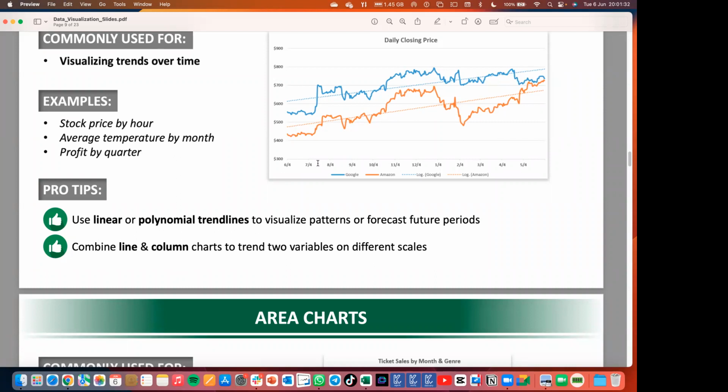Now, the moment we have quantity and we have revenue by month, if you want to make a combo, make sure that one is a line chart, like how you see this line, another one is a column chart, because they have different axes.